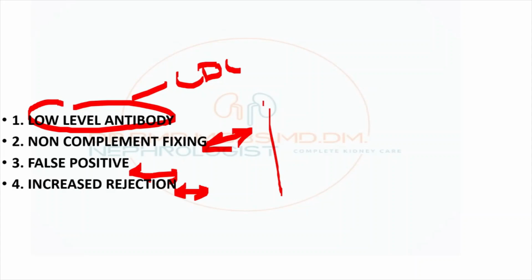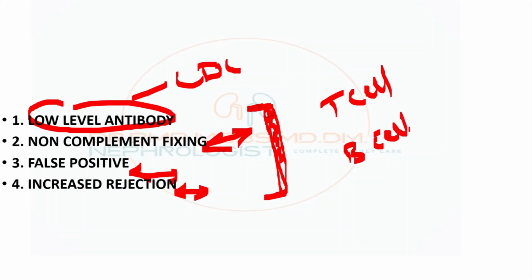Whenever flow cross match is positive, T cell positivity is important, because T cells have class 1, B cells have class 1 and 2. If T cell flow cross match is positive, it indicates there's a high chance of rejection or a false positive.